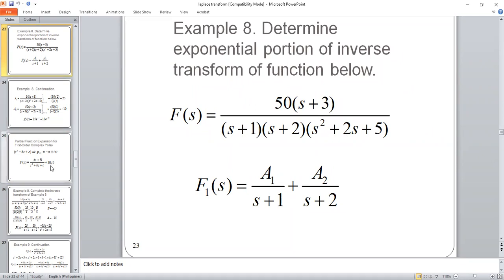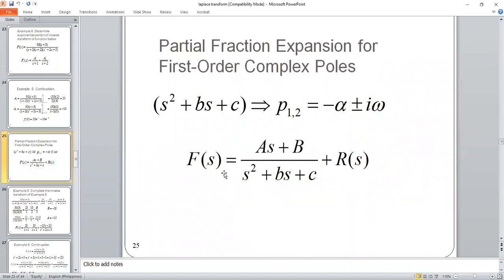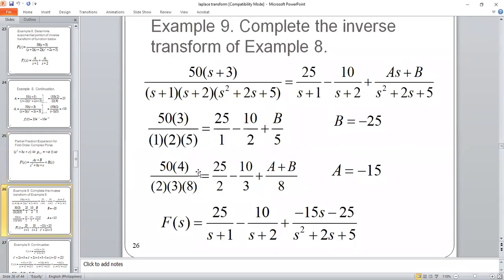Okay, so in this case, if we do that for our quadratic factor, for one of our factors in the denominator, which is quadratic, the values of A and B are negative 25 and negative 15. Since we know already the first two, we just copy them and affix this negative 25 and negative 15 here in the numerator.